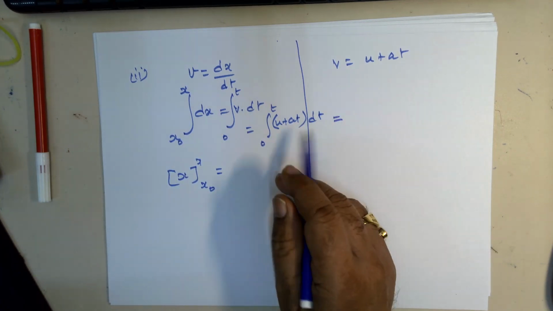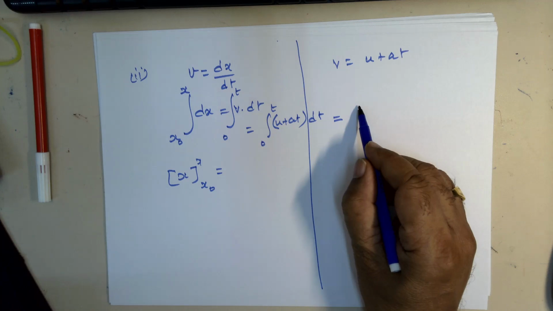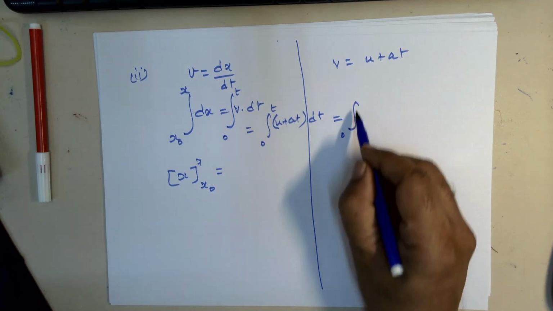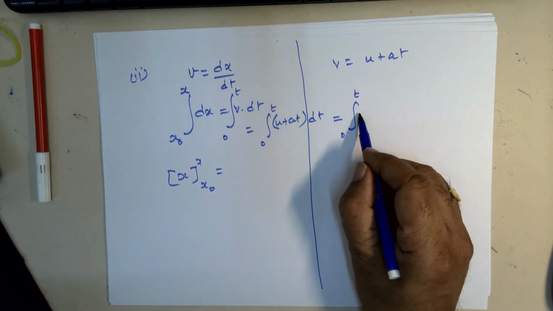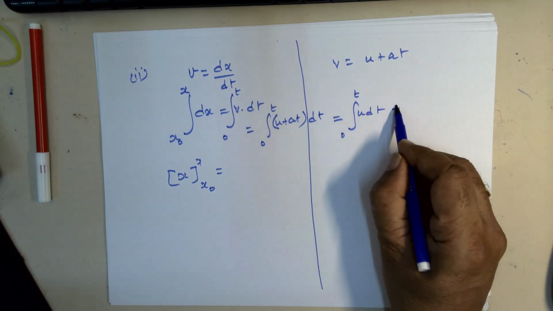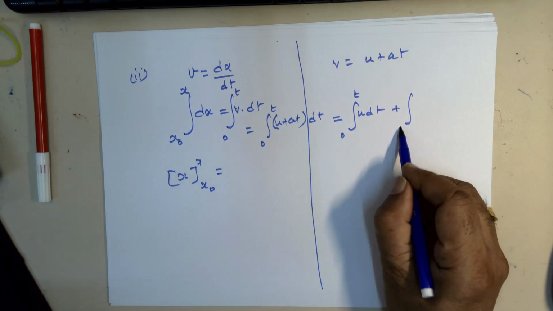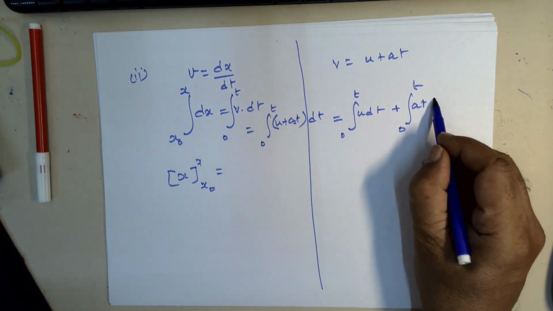The integral can be split: from 0 to t, u into dt, plus from 0 to t, at into dt, right?